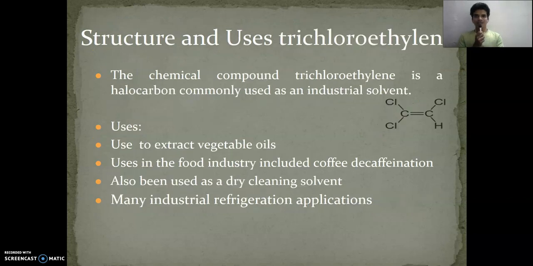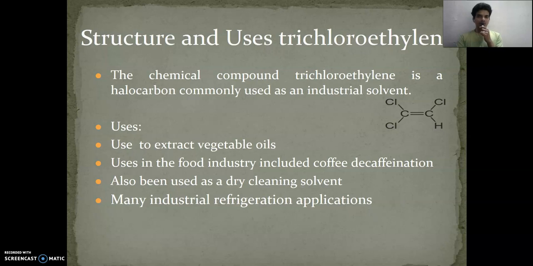Then next is the structure and the uses of trichloroethylene. Trichloroethylene is a halocarbon commonly used as an industrial solvent, having a structural formula which contains 2 carbon atoms bonded to each other by a double bond.